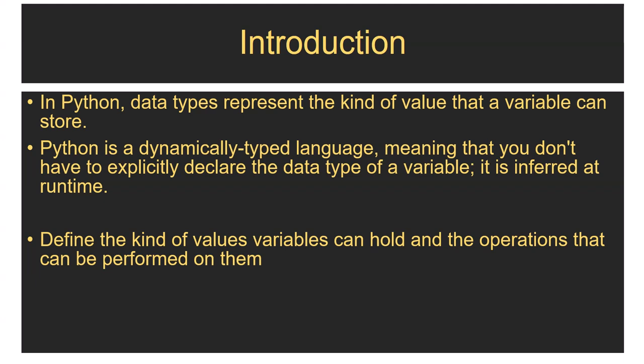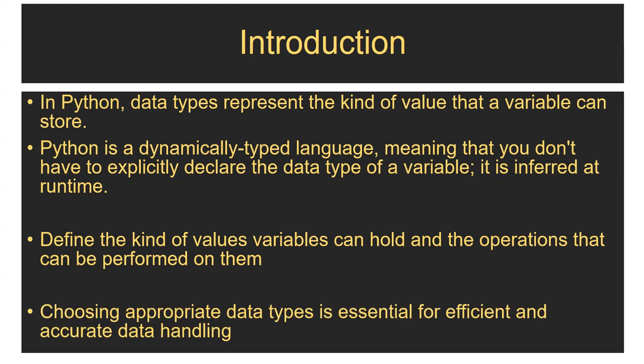So you can see there are different operations that you can perform on different types of data values. What helps you to know which operation to perform on which particular variable is the data type. That means it is necessary to know. And again, choosing the appropriate data type is essential for efficient and accurate data handling. Good, I hope that is enough for the introduction.